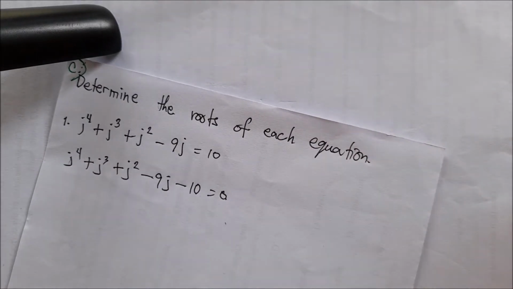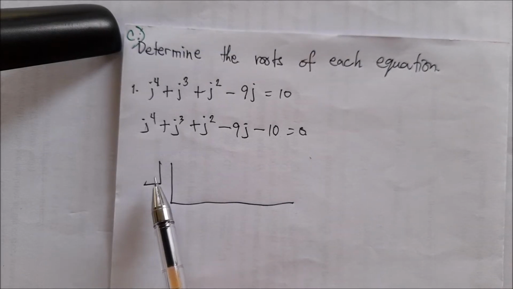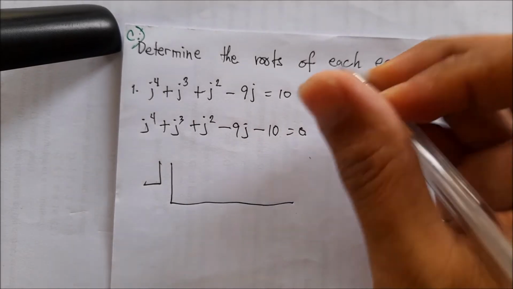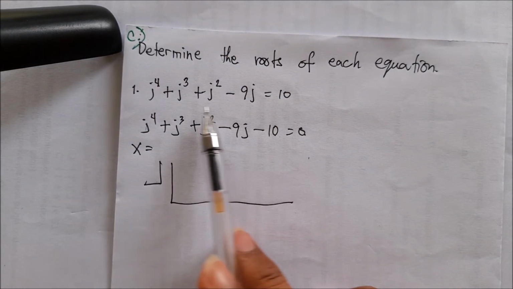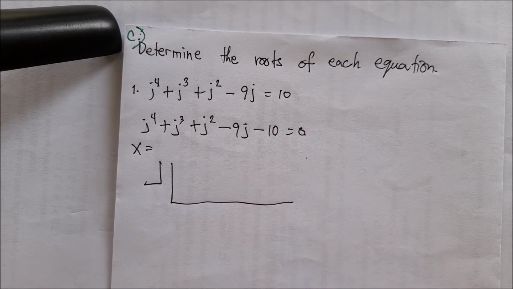After equating to 0 and determining the roots, you will use synthetic division. Then set up a table for synthetic division. We have no divisor. All you have to do is find the value of x. Since the given has no value of x, you need to guess the value of x to determine if the remainder is 0.